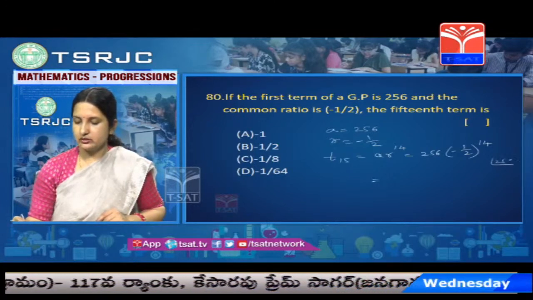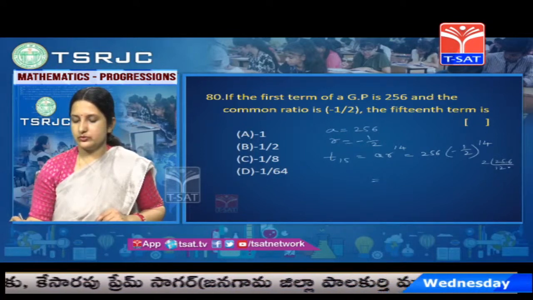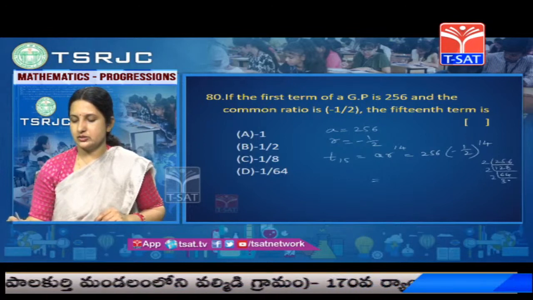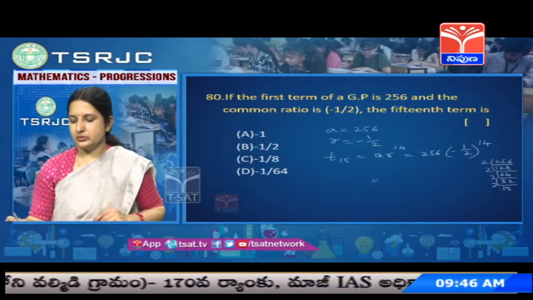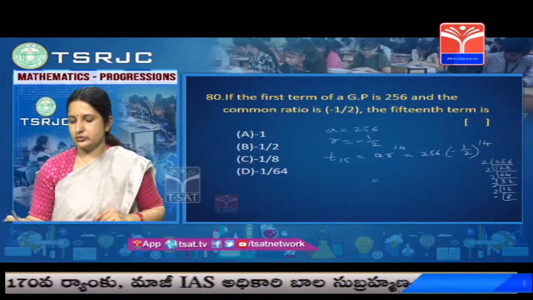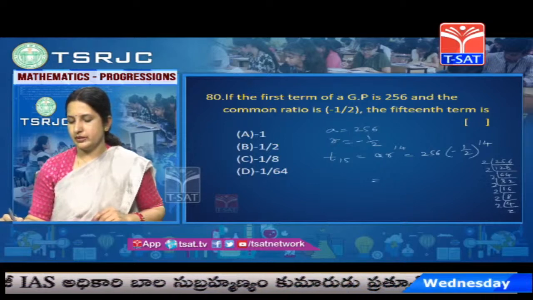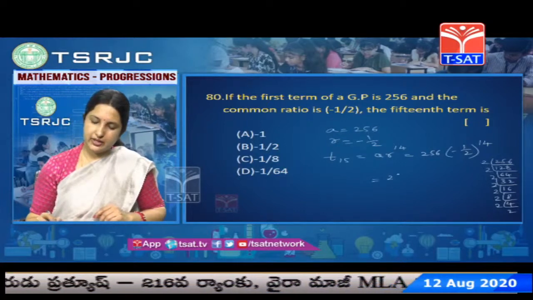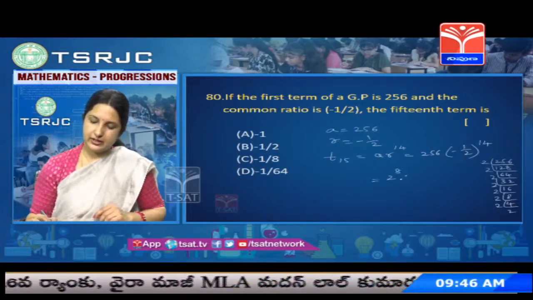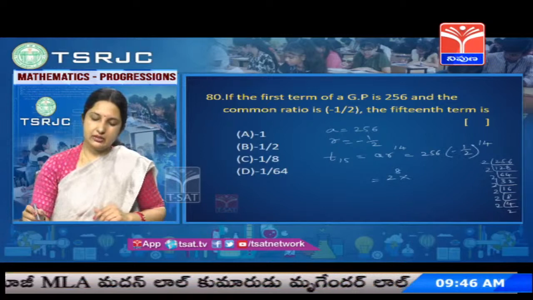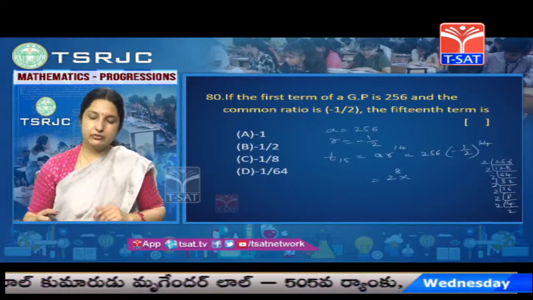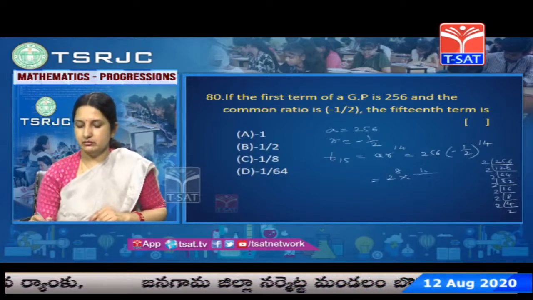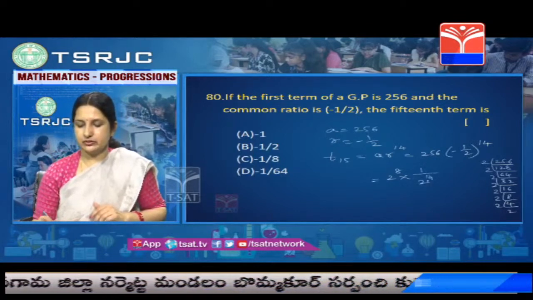2 power how much? 2 ones 2, 2 twos 4, 2 fours are 8, 2 eights are 16, 2 sixteens are 32, 2 thirty-twos are 64, 2 sixty-fours are 128, 2 one-twenty-eights are 256. 1 2 3 4 5 6 7 8. 2 power 8 we can write it as 2 power 8 and minus 1 by 2 whole power 14. The even power is there means everything will become plus only, no? 2 power 14.